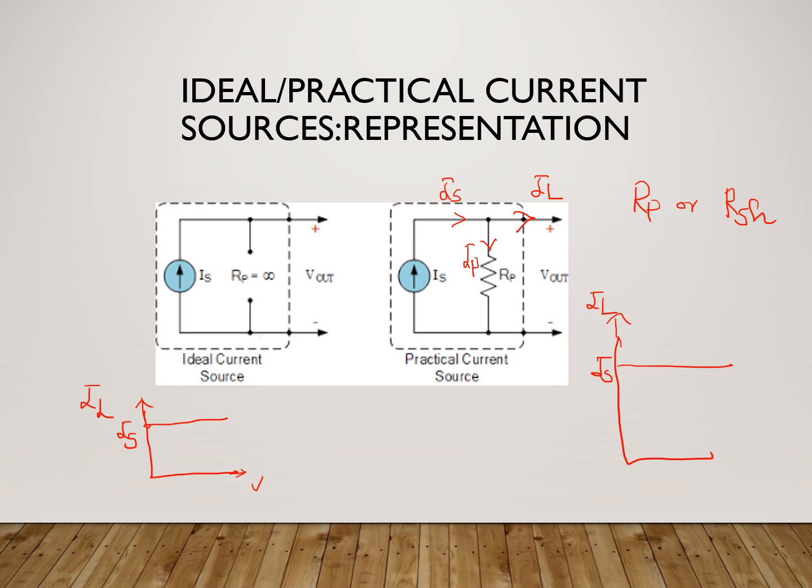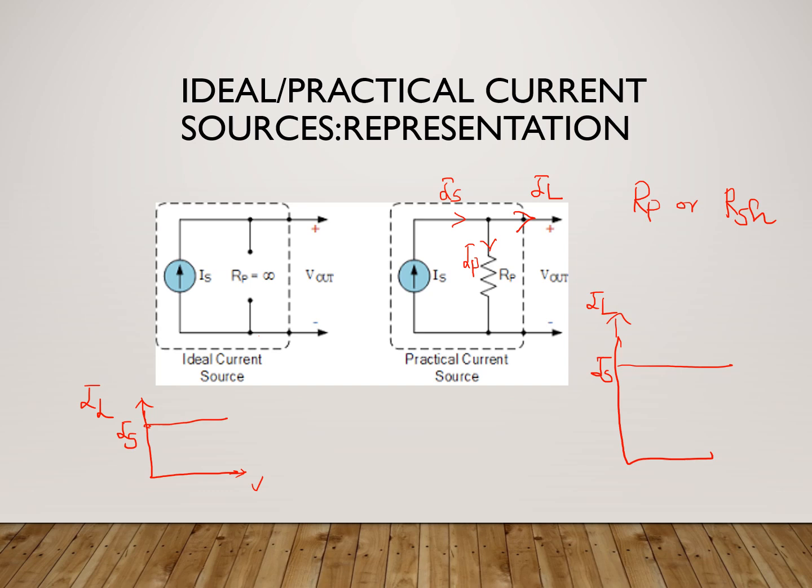So the load current will depend upon the value of this resistance. A smaller value of Rp means a larger current would flow through it and lesser current through the load. If Rp is made as high as possible, a smaller current would flow through it and a larger current would flow through the load terminals.